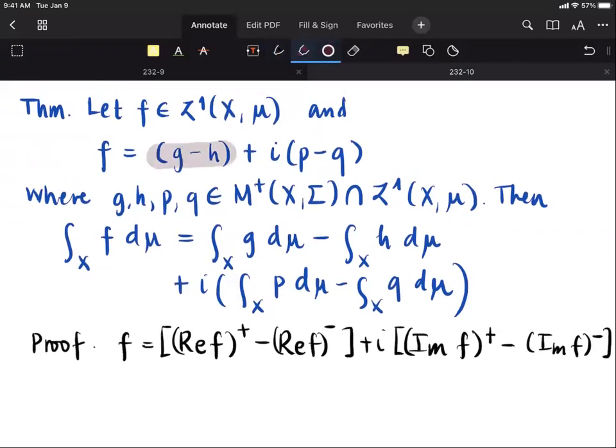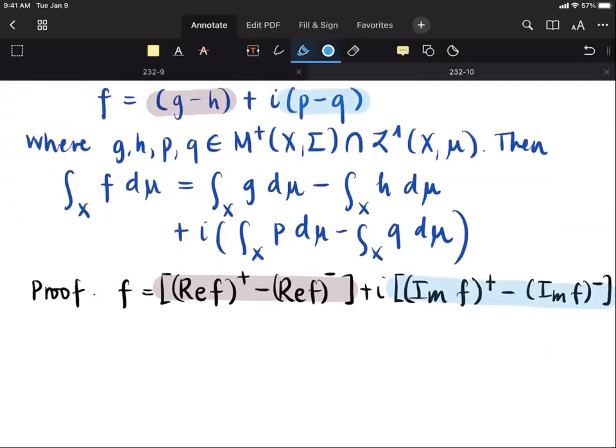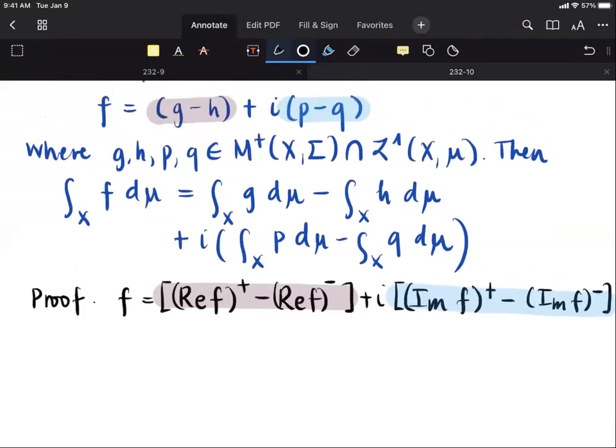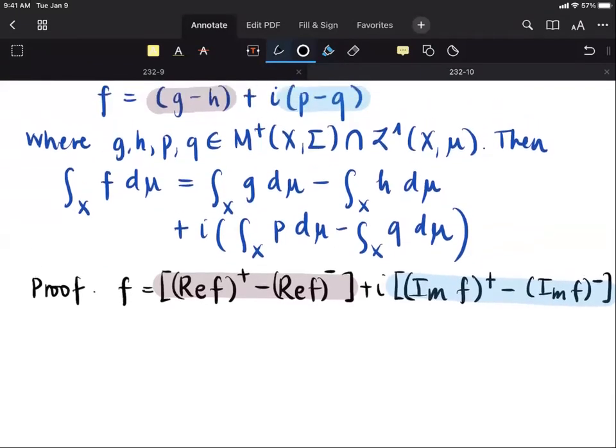So this must be equal to this, and the imaginary part must be equal also to this one. So therefore, rearranging the terms, we have the following.